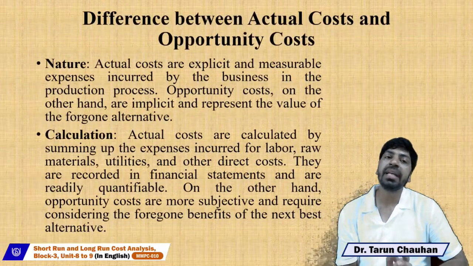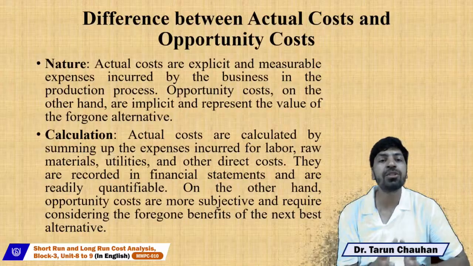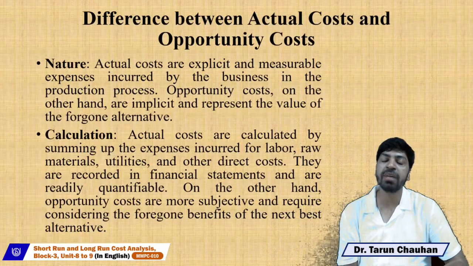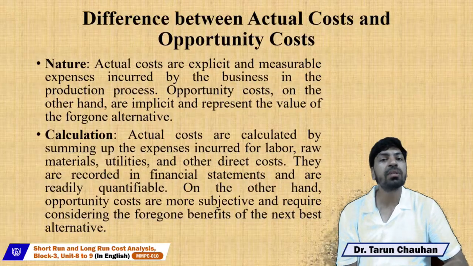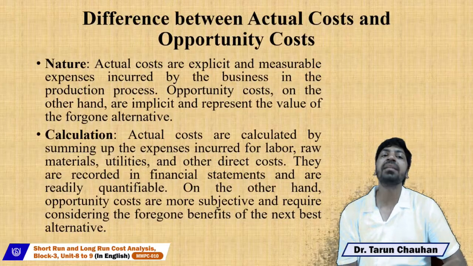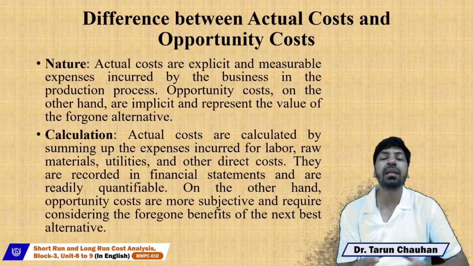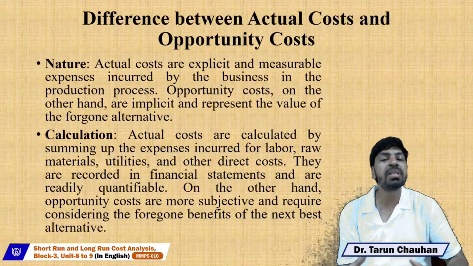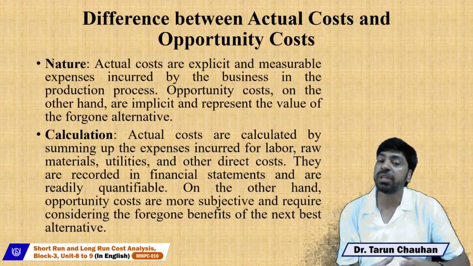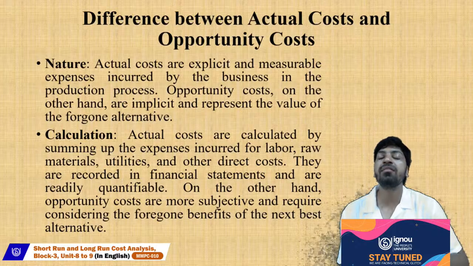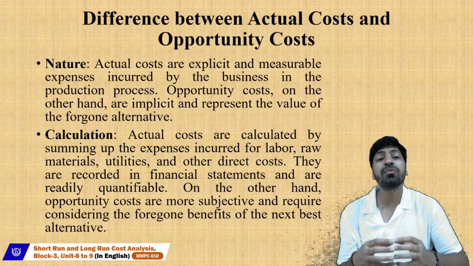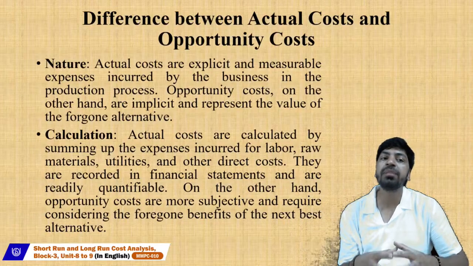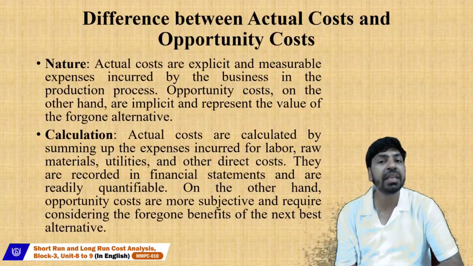Now we come to the next section, which is the difference between the actual cost and the opportunity cost. In terms of nature, actual costs are explicit and measurable expenses which are incurred during the production of goods and services in a business organization. But opportunity costs are implicit, and they represent the value, benefit, revenue or profit of the foregone alternative.